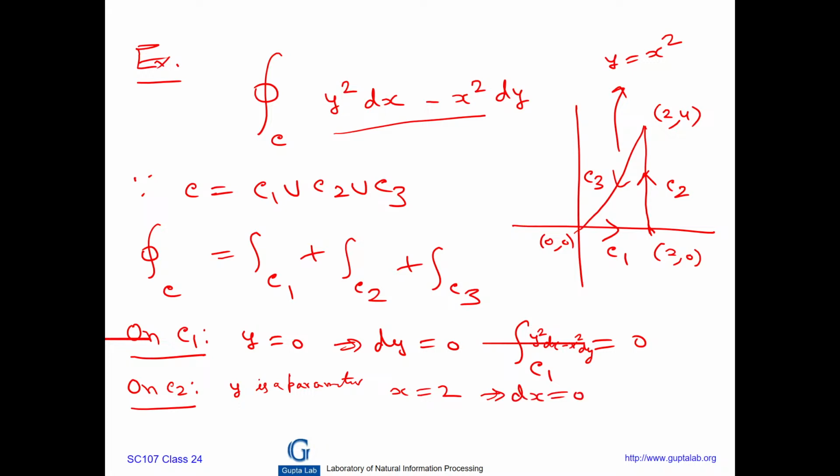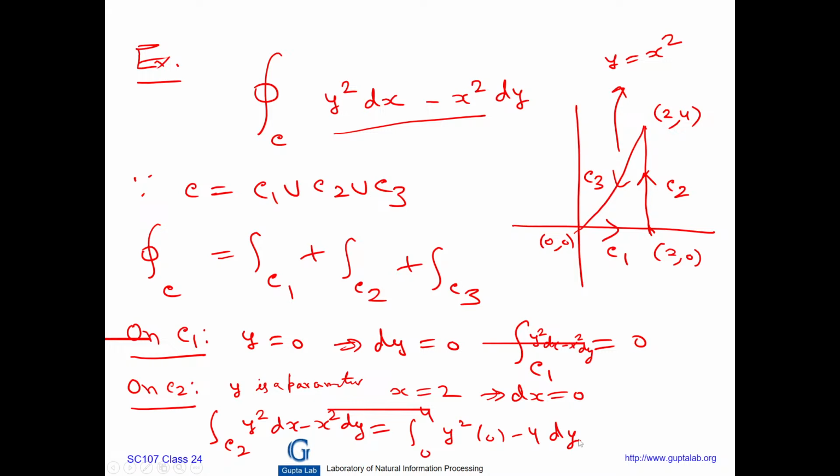So what will be the simplification here? Along C2, y square dx minus x square dy will be the integral from 0 to 4 of y square times 0 minus 4 dy.